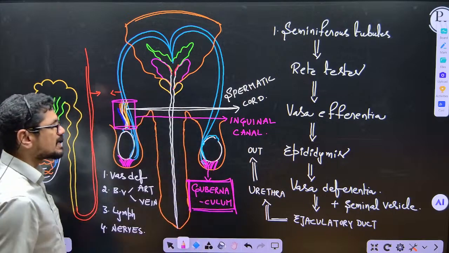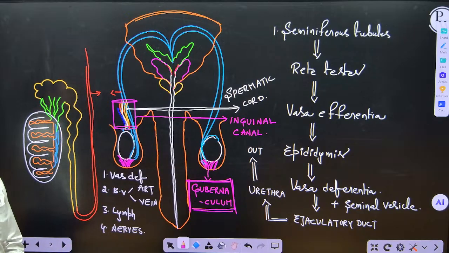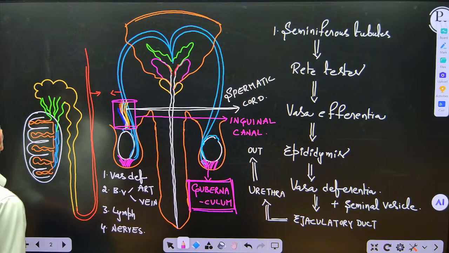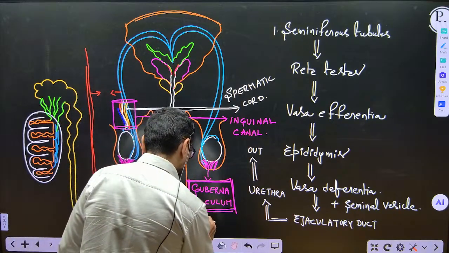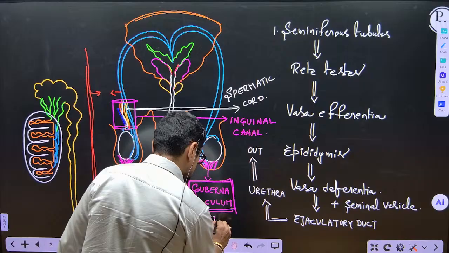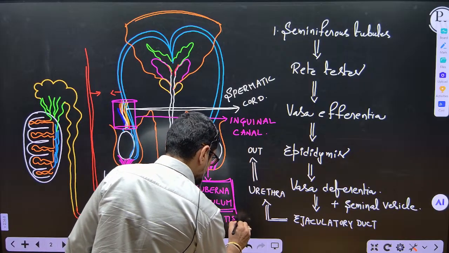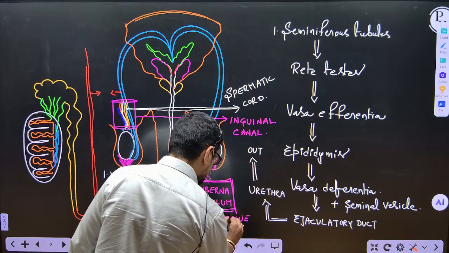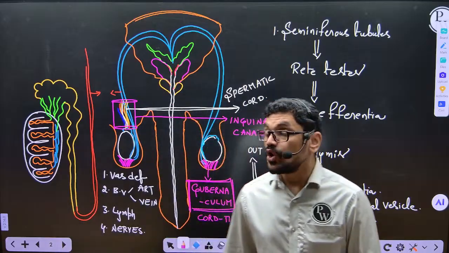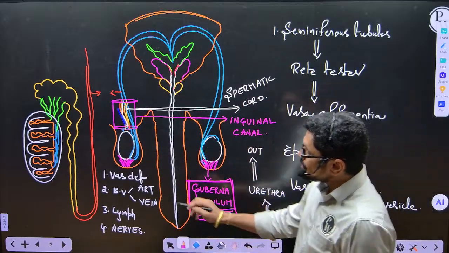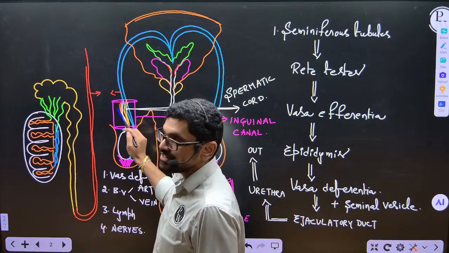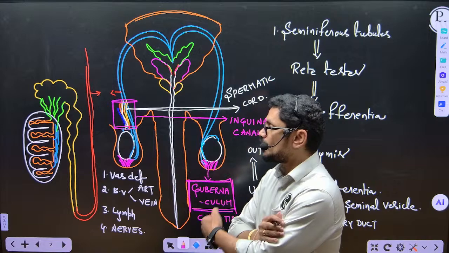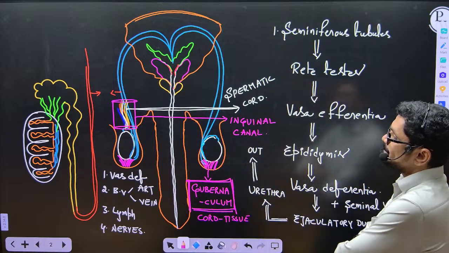So what is gubernaculum? Gubernaculum is nothing but a cord of tissue. It helps in holding the testis at the bottom. So this is holding the testis at the bottom, and this is holding the testis at the top end. Like that, structures are present.